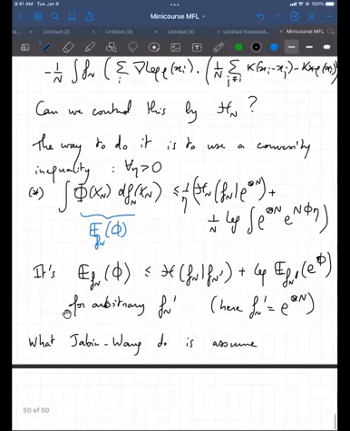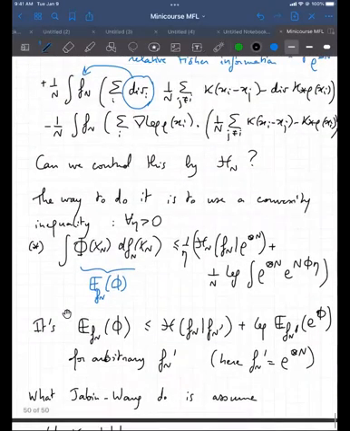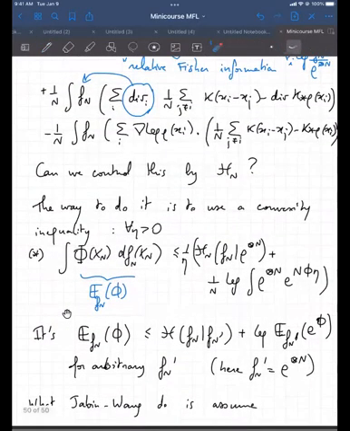So they assume diff k is bounded and k is divergence of v with v bounded. Okay, so if diff k is bounded, then that's actually good for this term. Now you start to get something.